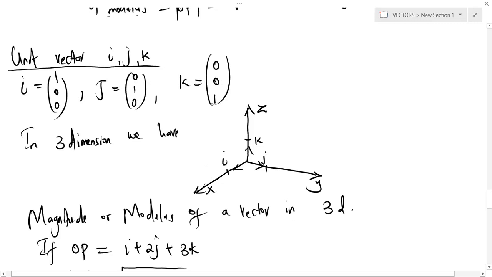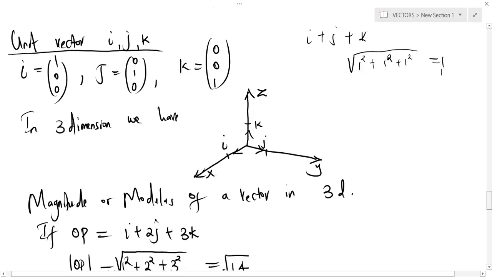So clearly these are also unit vectors, and as we said, for unit vectors the modulus is 1. So if I have i plus j plus k, we take the coefficients, 1 squared plus 1 squared plus 1 squared, square root of this, you get 1. So they have a modulus of 1.